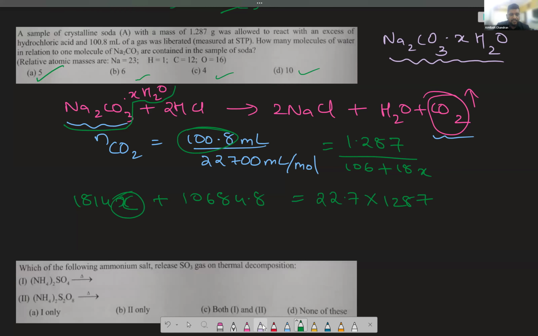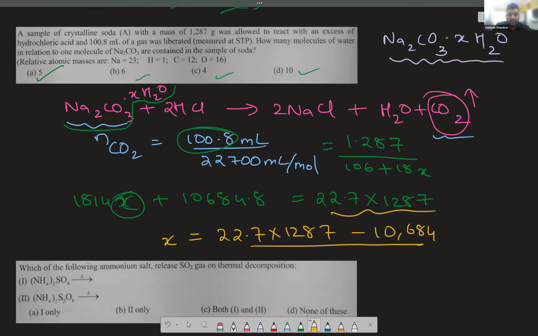What will be the value of x? As you can see here, x will turn out to be equal to this, which is 22.7 into 1287 minus 10,684.8 divided by 1,814. This is going to give me the final answer, right?